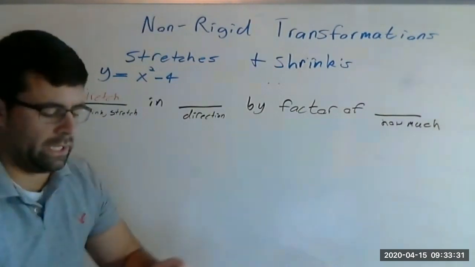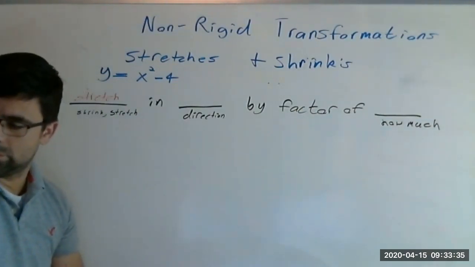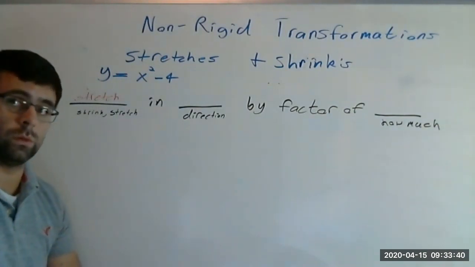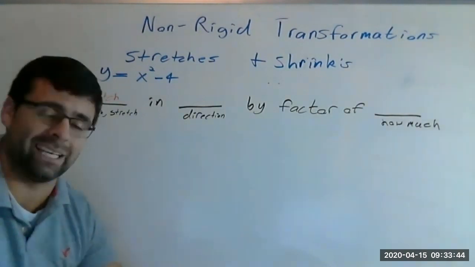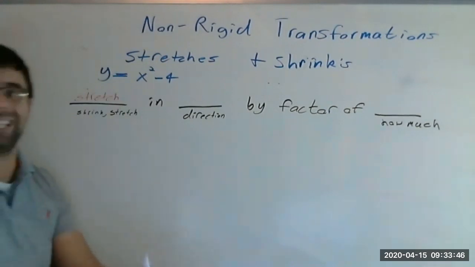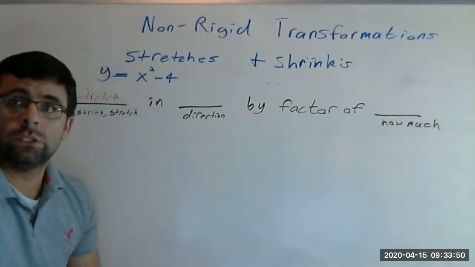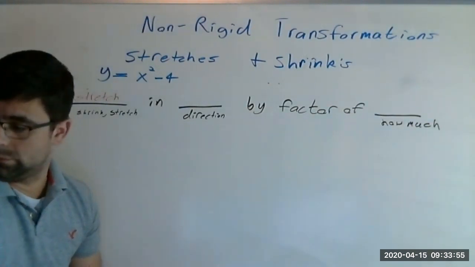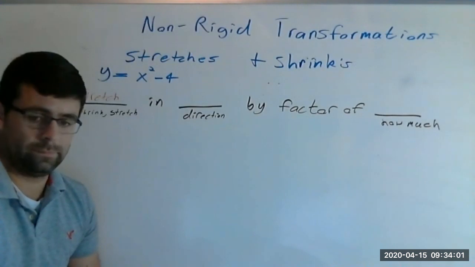All right. And in what direction? What do we want to go? Do we want to stretch it in the y direction, which would be making it taller, or stretch it in the x direction, which would be making it wider? Again, 2 options, just pick one.